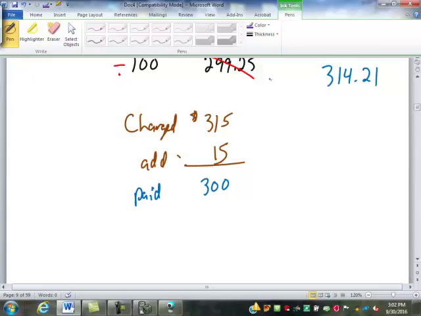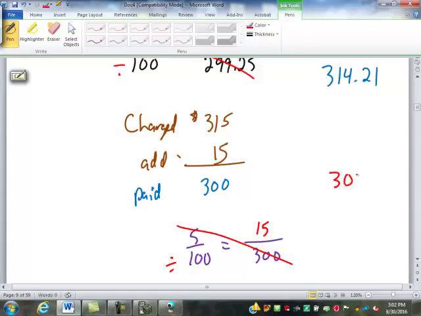So let's double check to see if we can go back up if we add 5% to 300. So 5% of 300. Cross multiply and divide. 5 times 300 is 1,500, divided by 100 is 15. Well, we can see already if we add that back on, $300 plus $15 will get us back to the $315 that he charged.